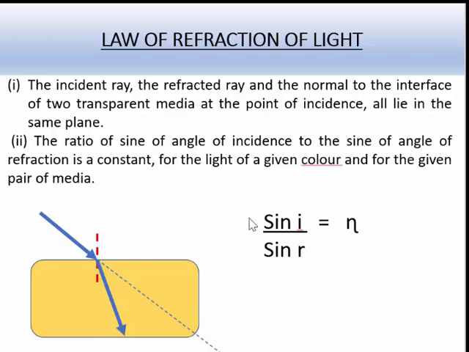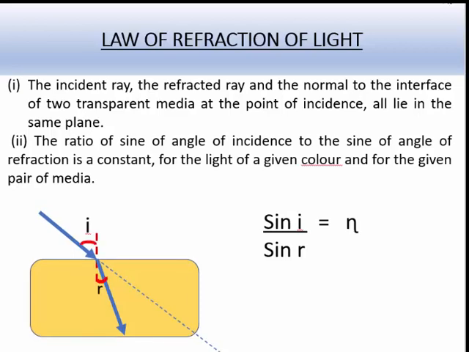So I can write it like this: sine of angle of incidence i upon sine of angle of refraction r is equal to nu. So nu here is the refractive index.